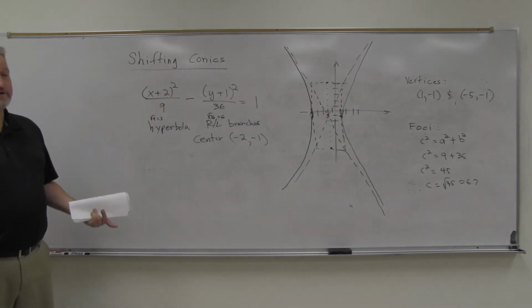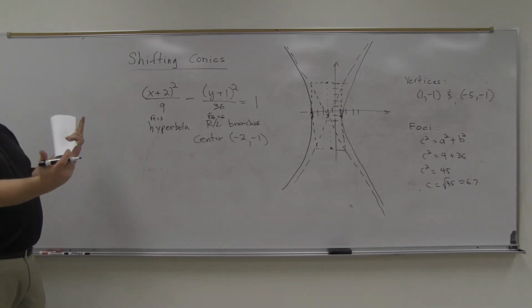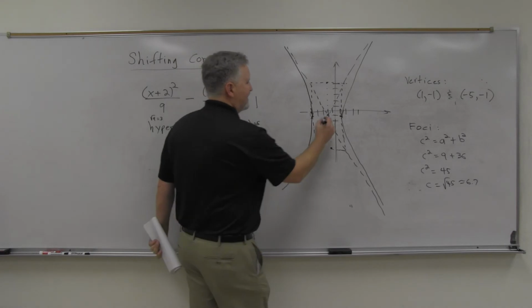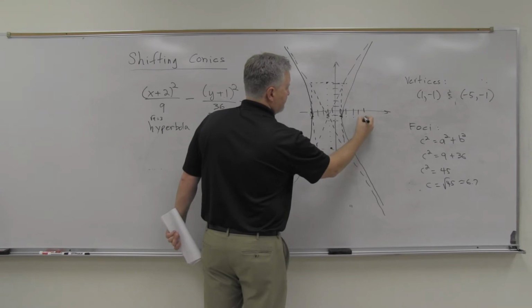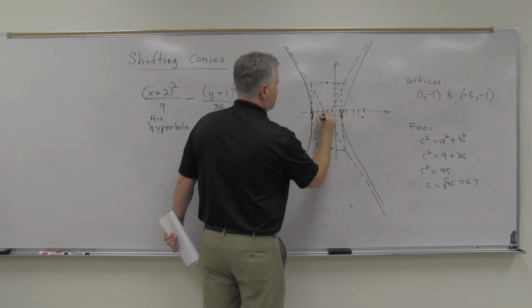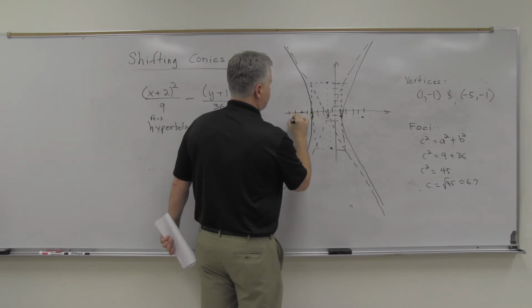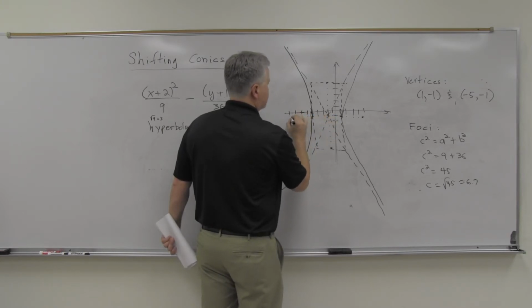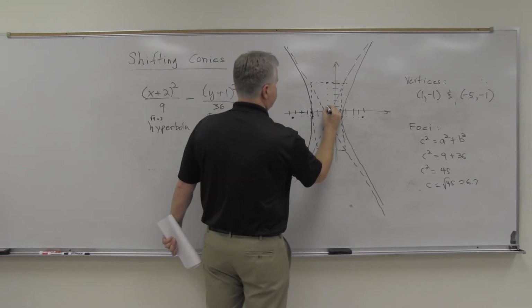And again, where are those located? Well, they're 6.7 from the center, and they're just right outside the vertices, if you will. So we go 1, 2, 3, 4, 5, 6.7 this way, and then 1, 2, 3, 4, 5, 6.7 this way.